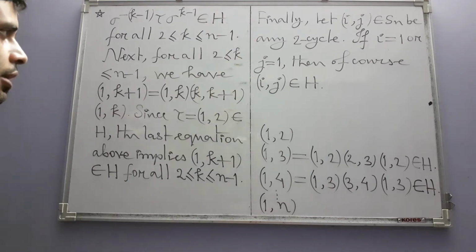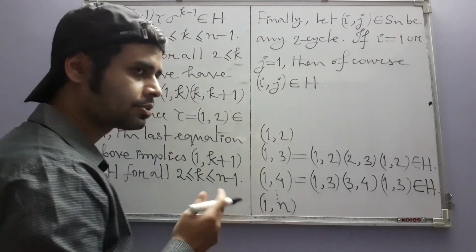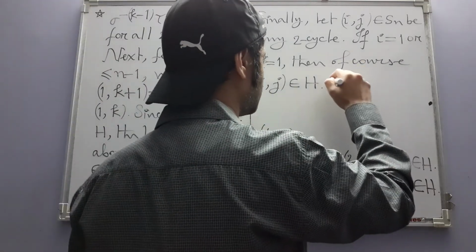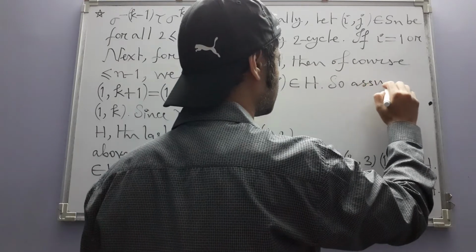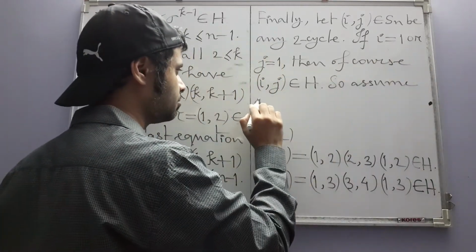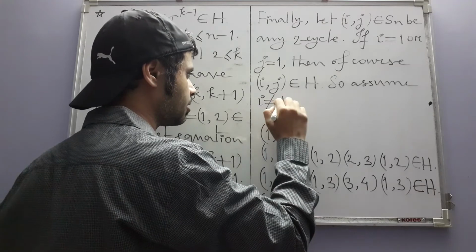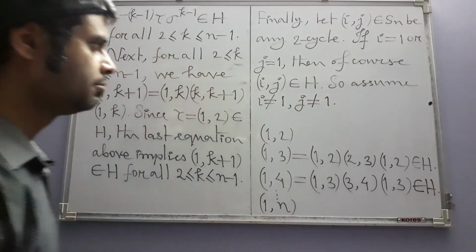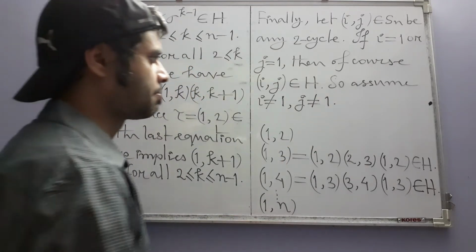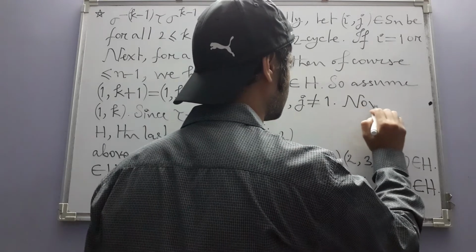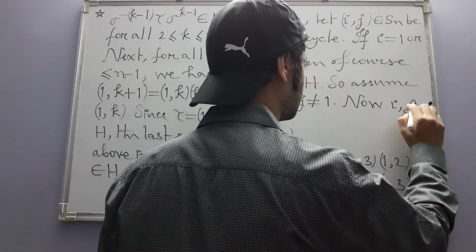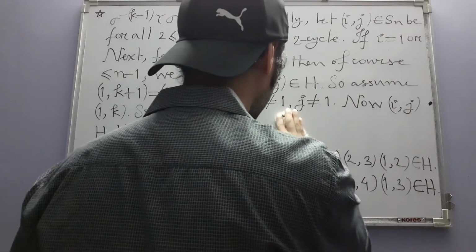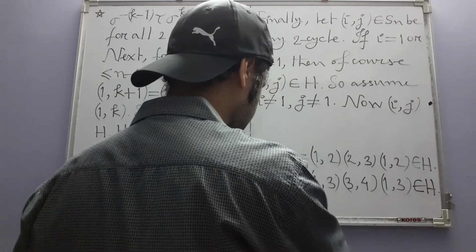After this we are continuing like this. Okay, so in that case we have the fact that (i, j) belongs to H. So assume that i and j are both different from 1. Now the 2 cycle (i, j) can itself be written as a product of some things.